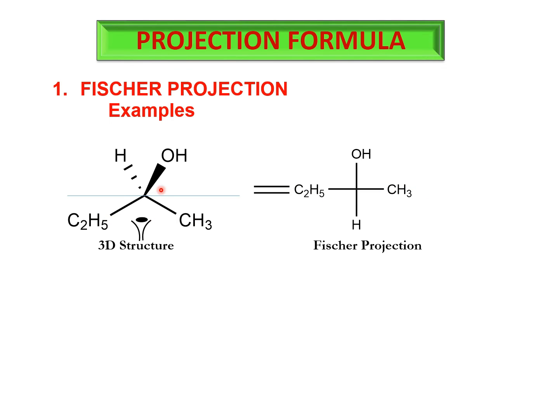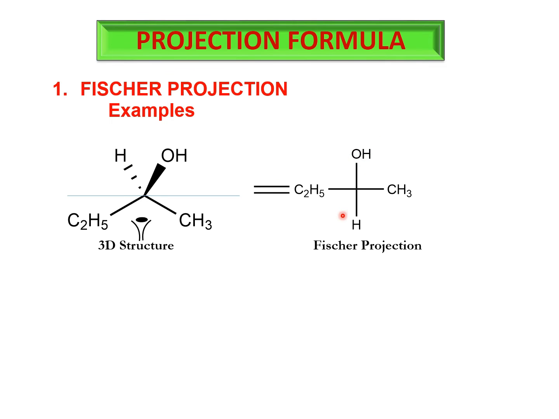Now because you're standing here facing just like you're facing now, you're facing the screen, but just imagine as if you're standing in the screen and facing in the same direction as you are now. You will see that OH is above your eye line towards your forehead, so you draw it above here, and H is towards your chin, so you draw it down here.